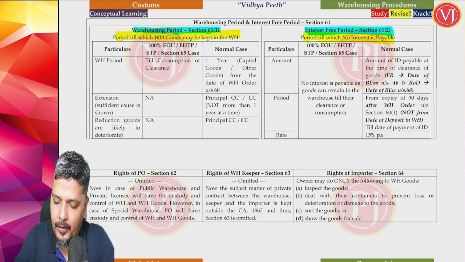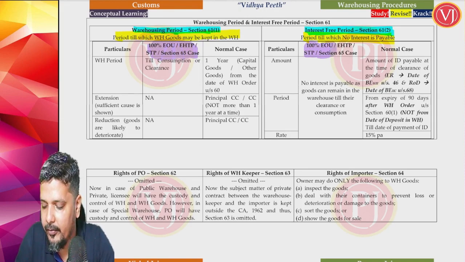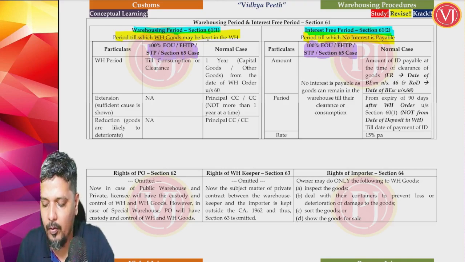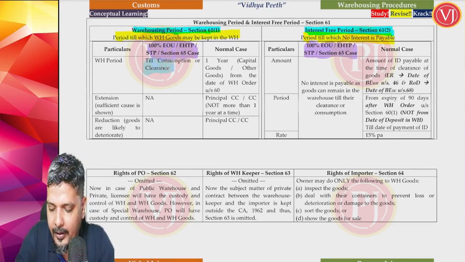Now, if you are talking about special persons, 100% export oriented units, electronic hardware technology park, software technology park, or manufacturing in warehouse, the section 65 case, there is no time limit for the warehousing period and interest-free period. You can keep the goods in the warehouse till they are cleared or consumed.